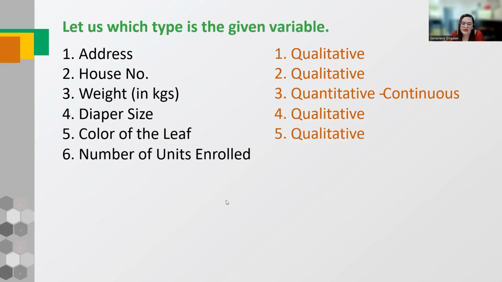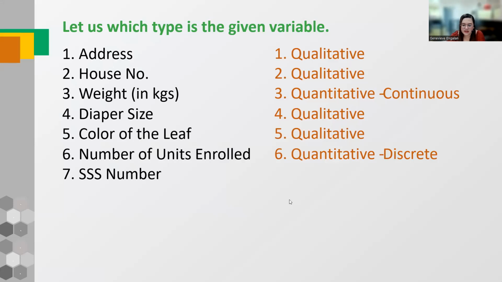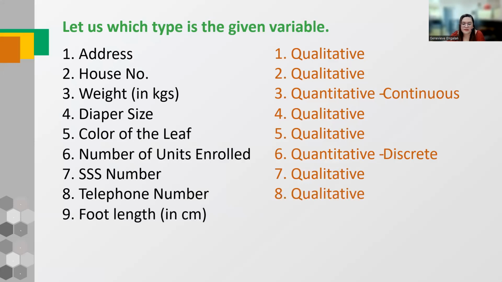Number of units enrolled. This is quanti. And this is discrete. Okay, SSS number. This is quali. Telephone number. Quali also. Foot length in centimeters.